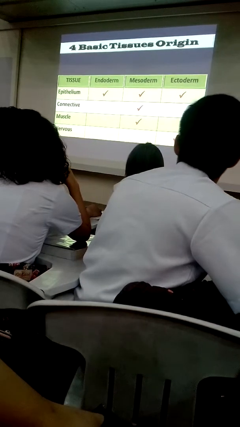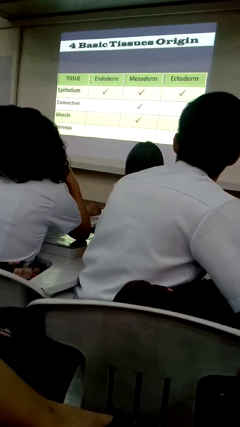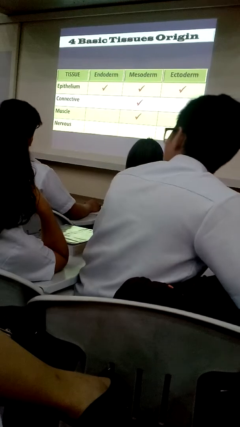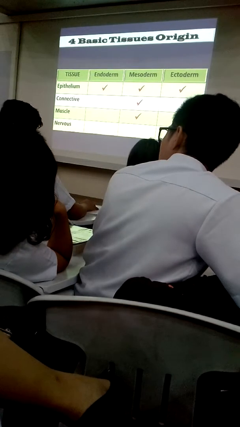What is important to note in this topic, especially in your book, are the derivatives. Just remember that connective tissue comes from the mesoderm, muscle comes from the mesoderm, and nervous tissue, because you remember neuroectoderm, is in the ectoderm. Then epithelium would have 3. They come from the endoderm, mesoderm, and the ectoderm.